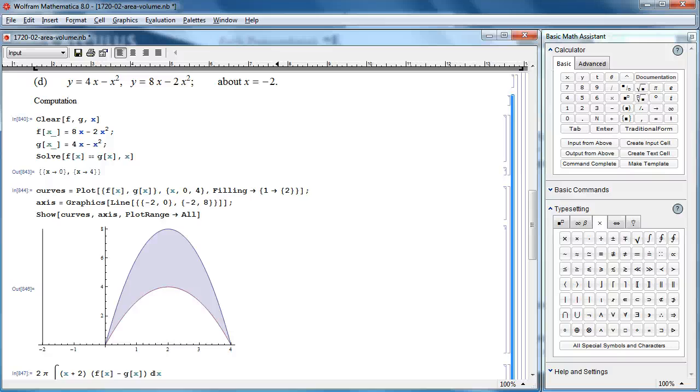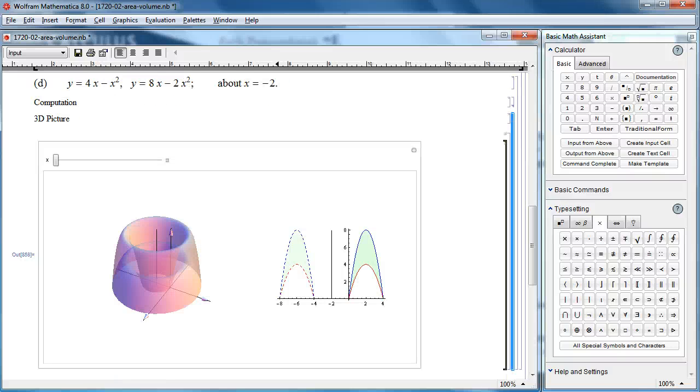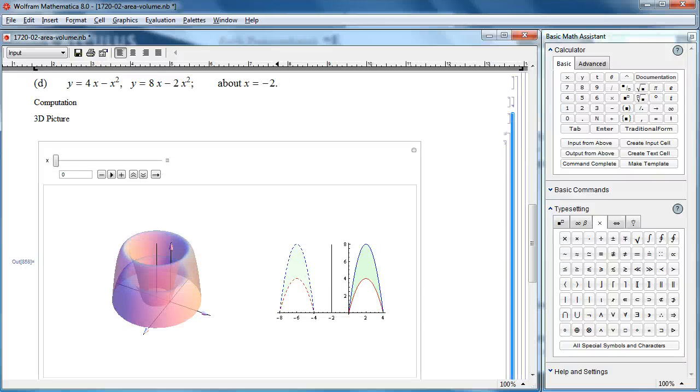Here's the visualization, and we can see in this animation how the cylindrical shell is forming and how it is sweeping through the solid. Now, the 3D figure in the left-hand side is cool, but it gives you too much information. The right-hand side picture, the 2D picture, is easier to deal with, to tell the truth.